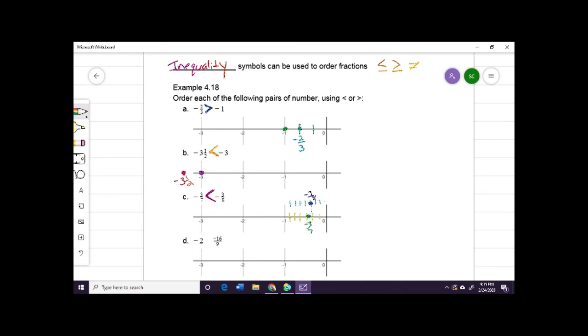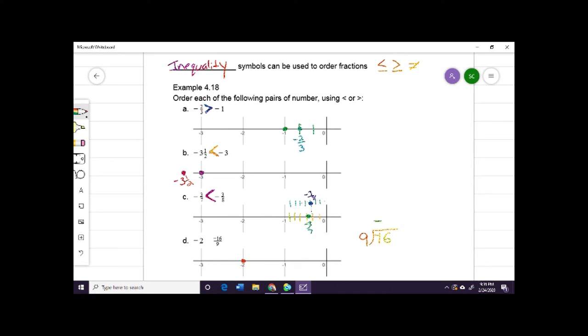And down here we have negative 2. That's an easy one. I'm going to put that on there, right there. And then negative 16/9. That's an improper fraction. So let's change it to a mixed number. We do it the same way as with the positive, except we're dividing a negative number, which means we have a positive divided into a negative. Our answer is going to be negative.